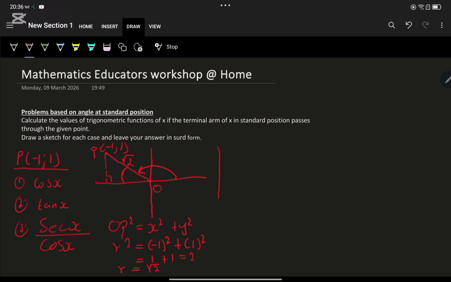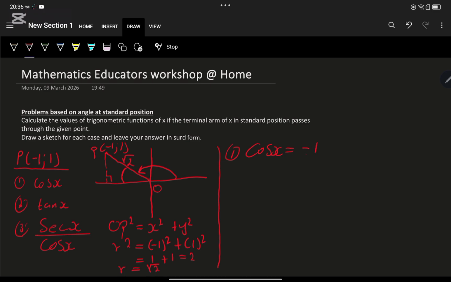And now that we have completed the angle in standard position, we can solve the given trigonometric ratios. The first one, they say we must calculate cos x. So the ratio of cos x is equal to x over r.